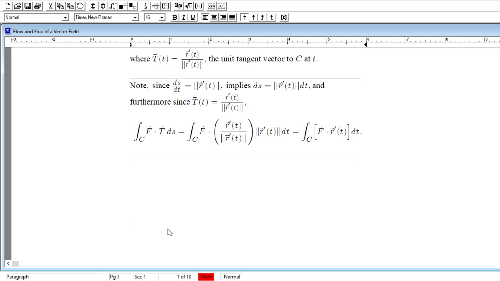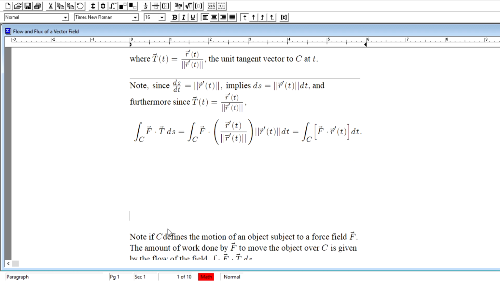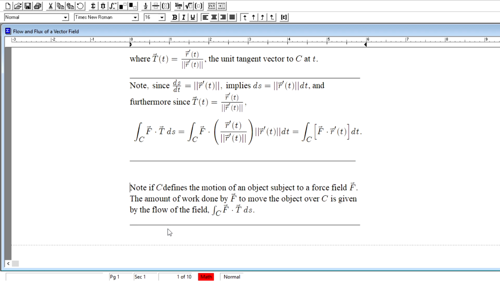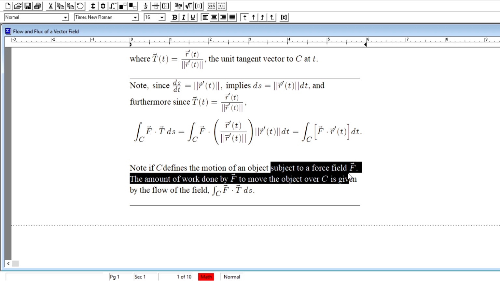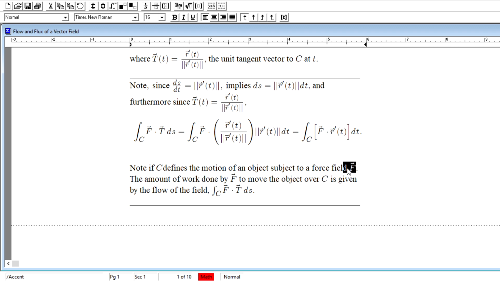All right? This description of flow does have some more specific understanding when we consider curve C defining the motion of an object subject to a force field described by f bar, right?